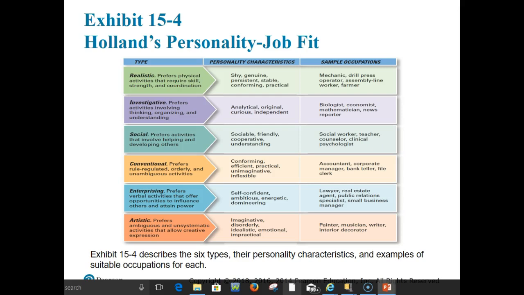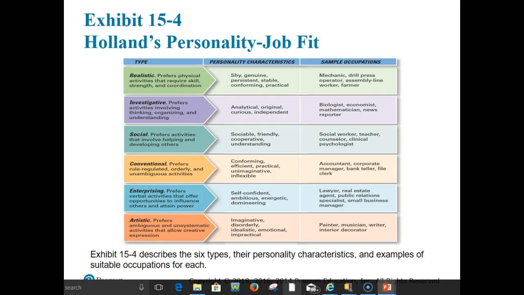Next, you have the conventional, prefer rule-regulated, orderly, and unambiguous activities. They tend to be conforming, efficient, practical, unimaginative, and inflexible. You have accountants, corporate manager, bank teller, file clerk.